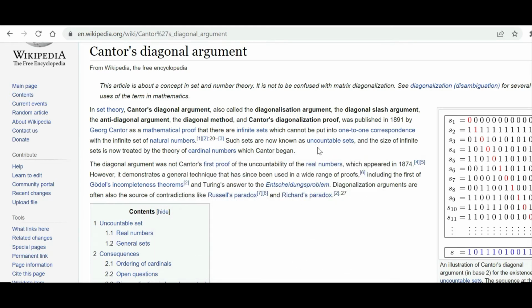Such sets are known as uncountable sets. The size of infinite sets is now treated by the theory of cardinal numbers, which Cantor began.